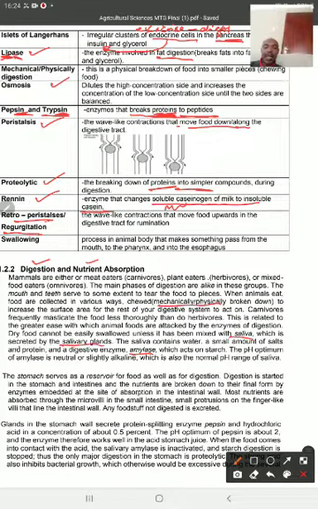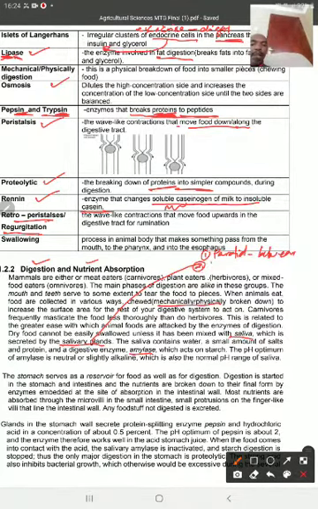Saliva is secreted by salivary glands, and we know that there are 3 salivary glands: parotid, below the ear; sublingual, lingual for tongue, sublingual below the tongue; and submandibular, below the jaw. All right.